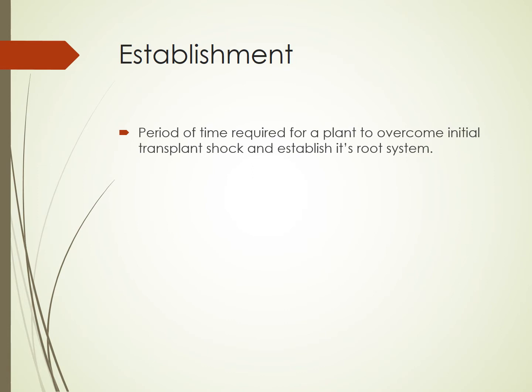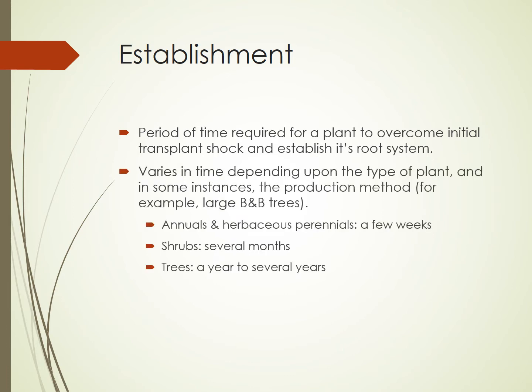The term establishment refers to the period of time required for a plant to overcome initial transplant shock and establish its root system. The amount of time it takes a plant to become established after transplanting really depends on the type of plant and the production method that was used to harvest that plant.